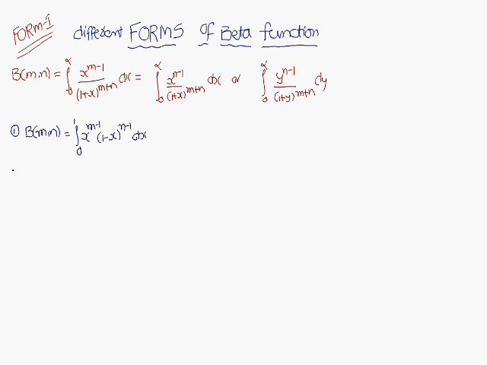so second step, put x is equal to 1 by 1 plus y. So dx is equal to minus 1 by 1 plus y whole square into dy. So what about the limits?